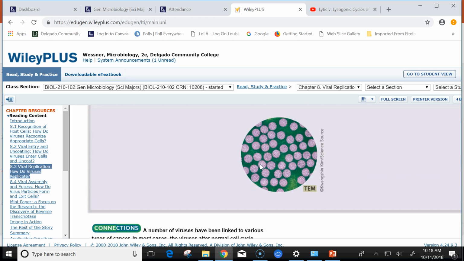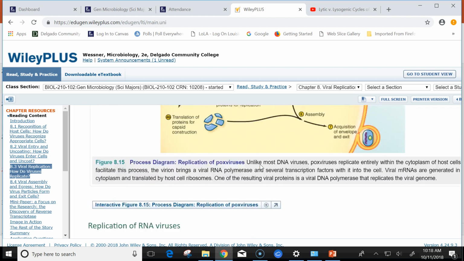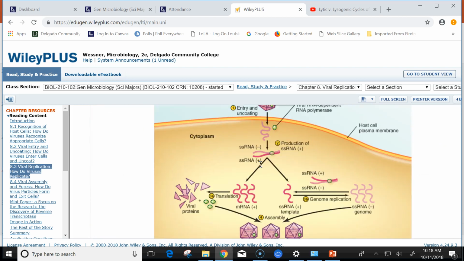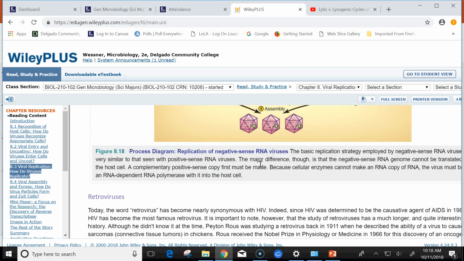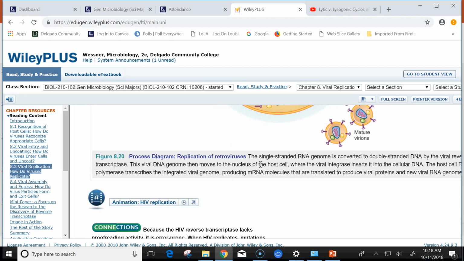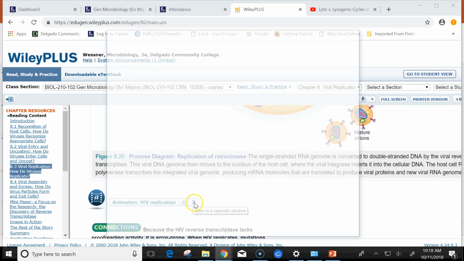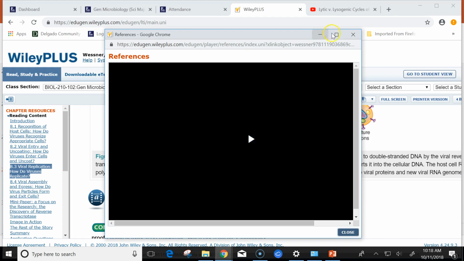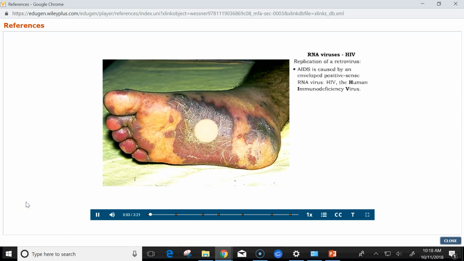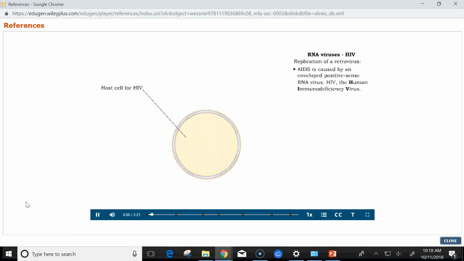But I want HIV, that's pox. It's probably towards the bottom of the page. Negative sense. Here is HIV. So there is actually an animation that goes along with this one. And it starts out with a horrible picture. Gotta turn it up.